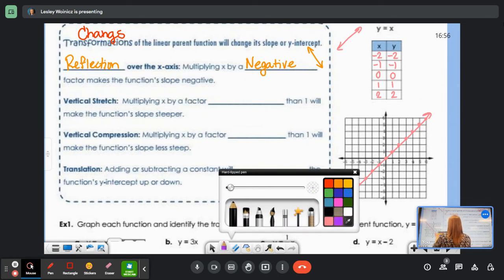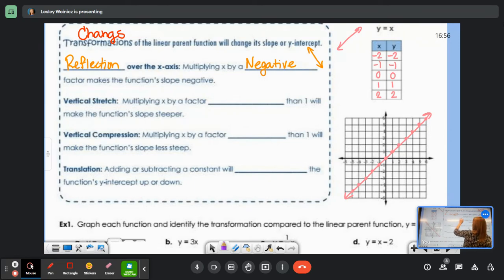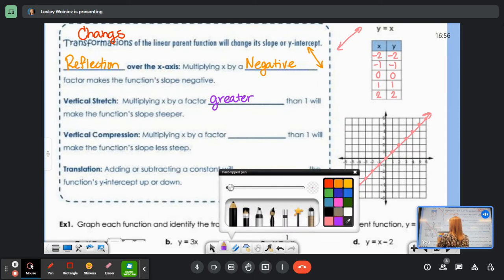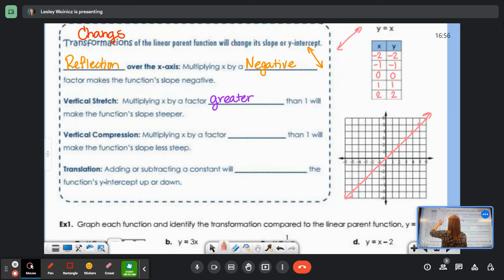The next thing we can do is a vertical stretch. If we multiply x by a factor greater than 1, that will make the function slope steeper. So here's parent again. And if I make it steeper, it's going to go like that, steeper. So that would be numbers like 2 or 3 or 4 if you multiply by those.